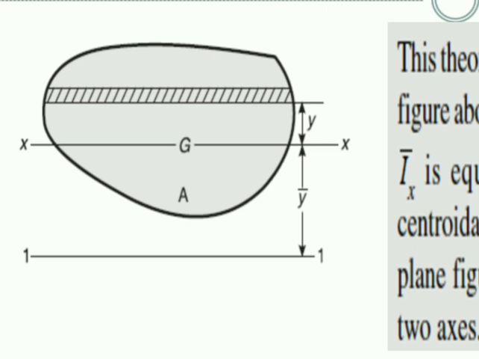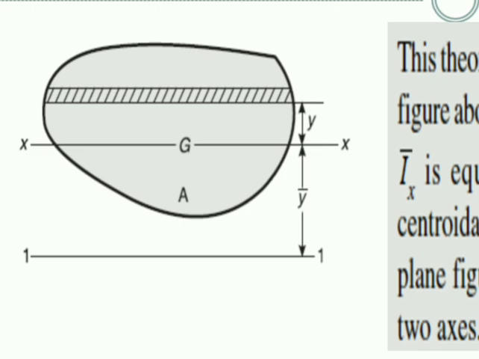Then we have one more axis located at a distance of y bar, and that axis is named as 1 1. Now our axis XX and axis 1 1 are parallel to each other, and that's where the concept of parallel axis theorem comes into picture.